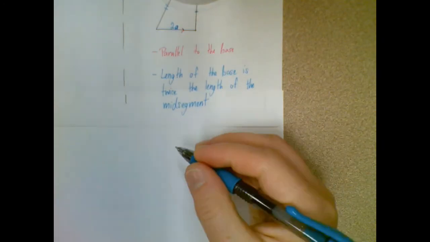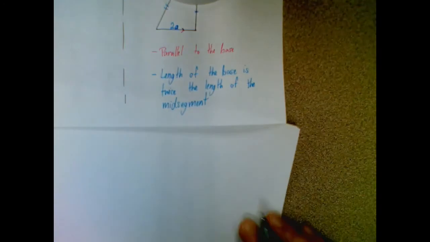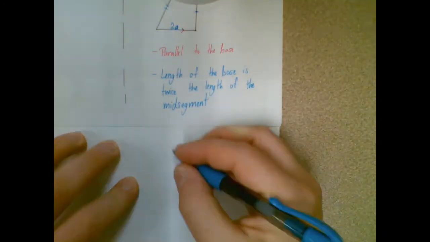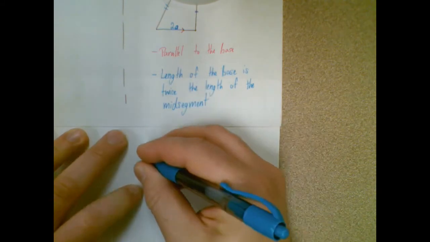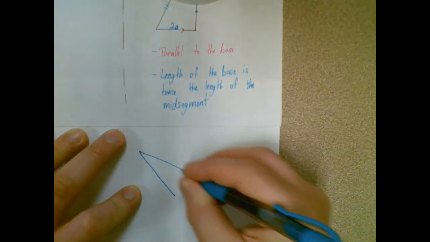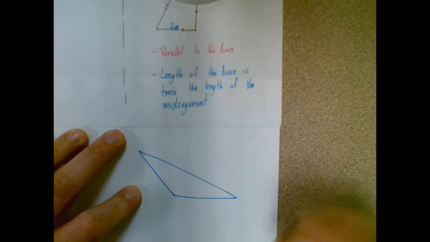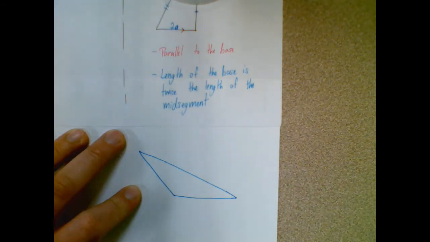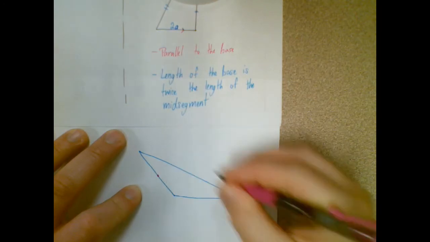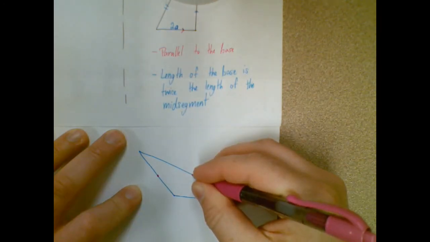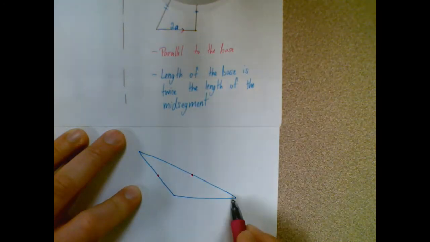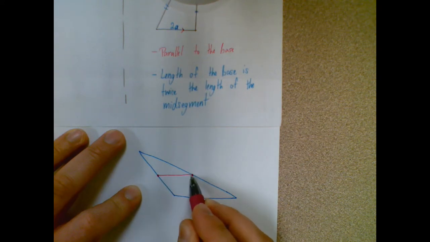If I have a triangle, let's make this one an obtuse one just to make sure we don't get too set in our ways. Okay. And so if I find a midsegment, that's right. Okay.